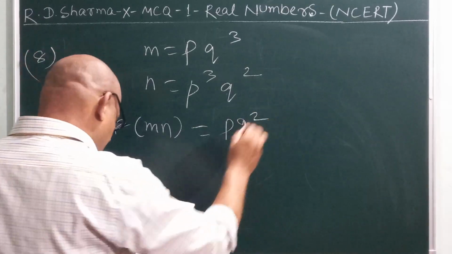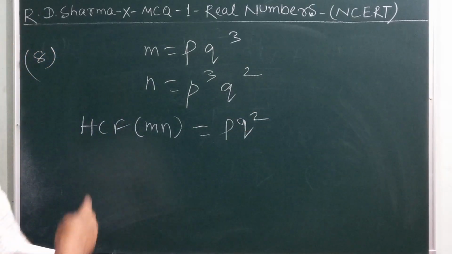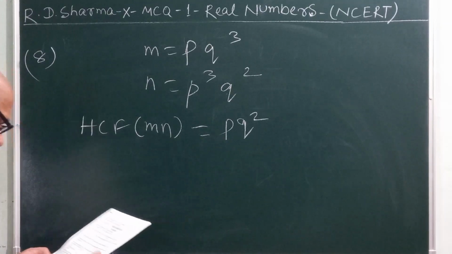So the answer is p q square. HCF of m and n is p q square.